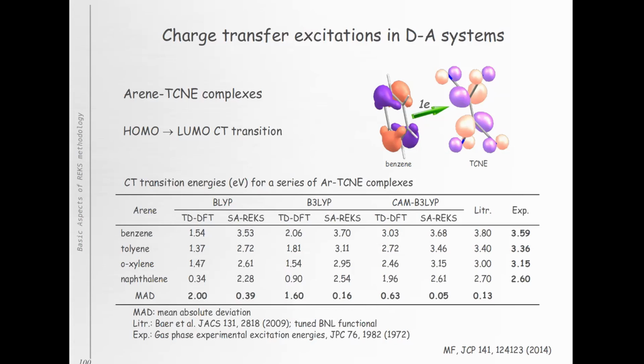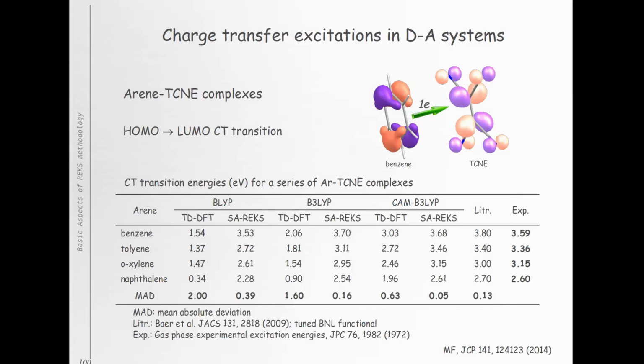But in this specific case, it is probably insufficient orbital relaxation within the linear response formalism which is responsible for the poor description of charge transfer states. Because charge transfer, especially long-range charge transfer, is a really dramatic modification of the orbitals.